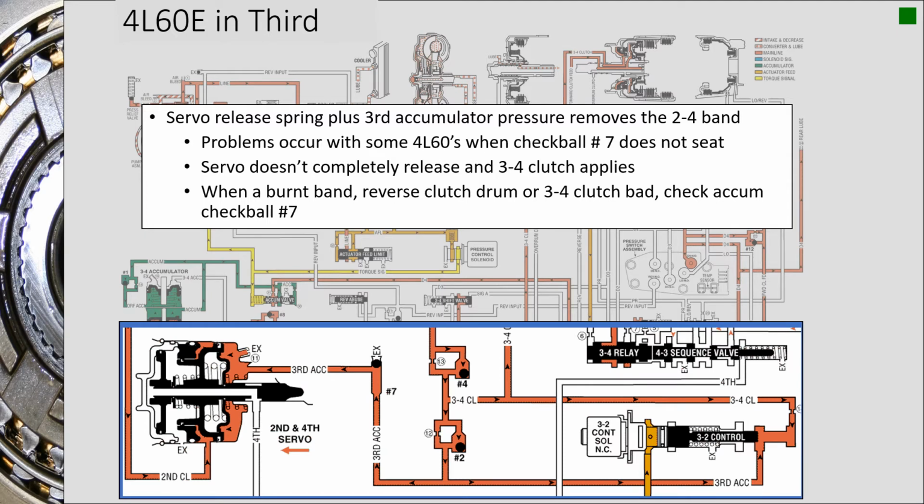I mentioned here that some problems occur with the 4L60Es when check ball number 7 does not seat properly, or it leaks. If you remember back when I was talking about that orifice, it's only so big, and I've got engineered leaks, like that one in the servo. There's an engineered leak up here on the 3/4 clutch, the input drum.